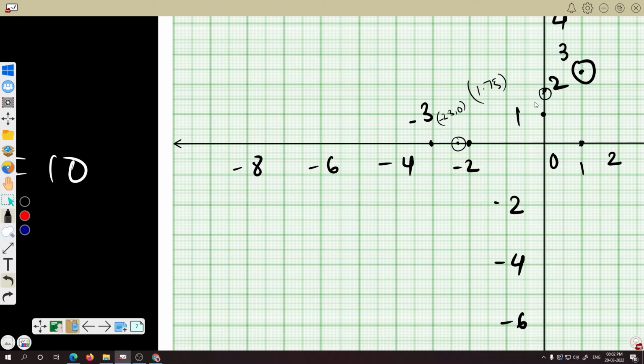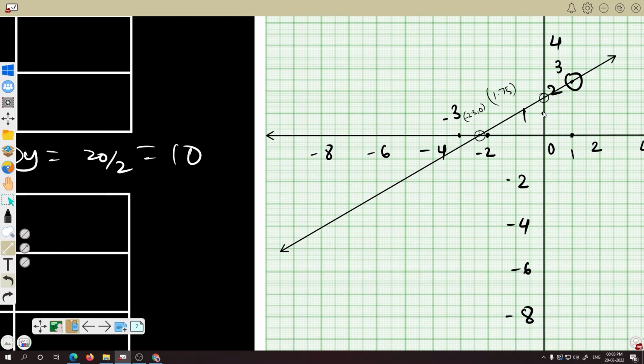Now before zooming out, I'll plot the graph so that there is no confusion. I'll again draw this. That was 1.75 somewhere at this point. I'll use this tool again. Join the points like this. Make sure that the points lie on the same line.